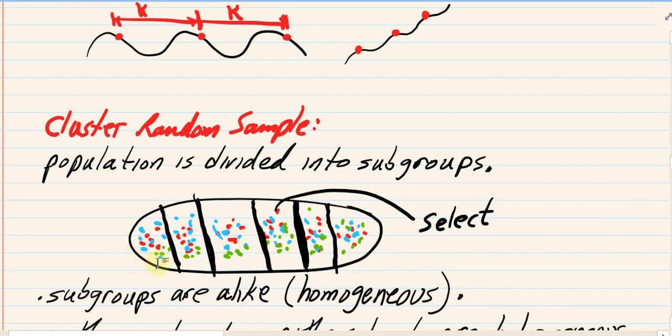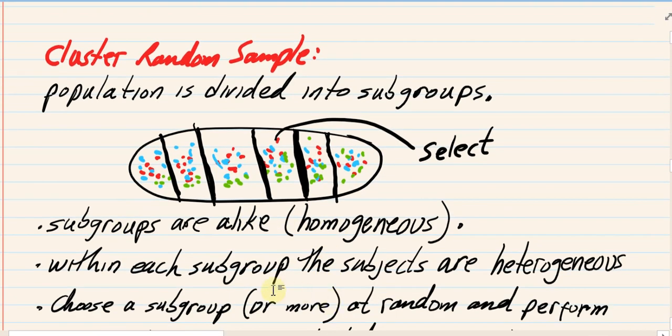Okay, so in a cluster random sample, the subgroups are homogeneous, meaning alike. But within each subgroup, notice you have so many different colors. So there is heterogeneity within each subgroup. Inside they are different, but between them they're alike.